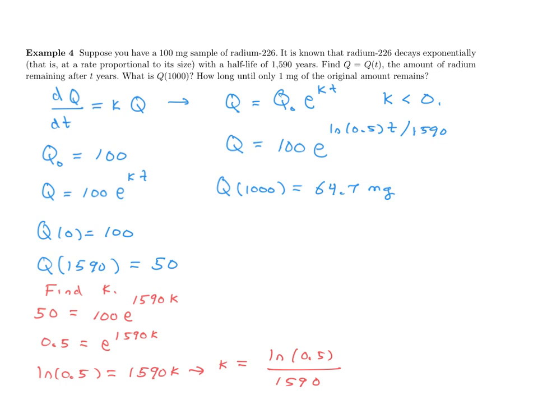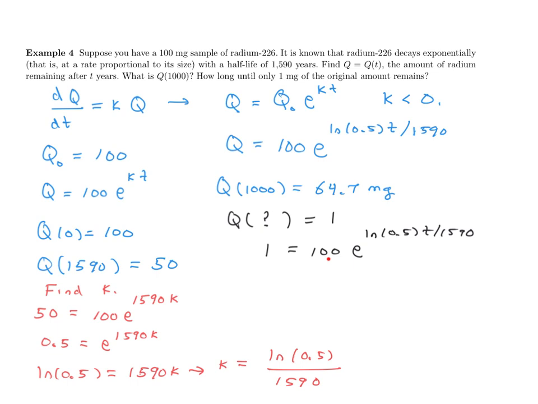Okay. What about this, though? It says, how long until only 1 milligram of this initial 100 amount is remaining? To do that, this is the question we're asking. We're asking, well, what do I put in place of T so I get 1 back for the number of milligrams? Let's put this into our equation. I'll put 1 in place of Q, and I'll leave T alone, and T is the thing I'm solving for.